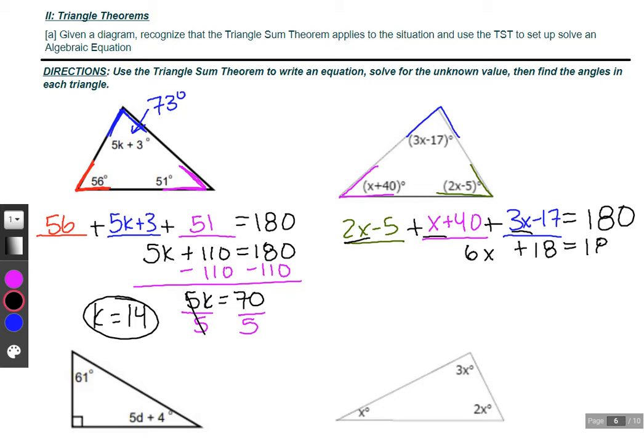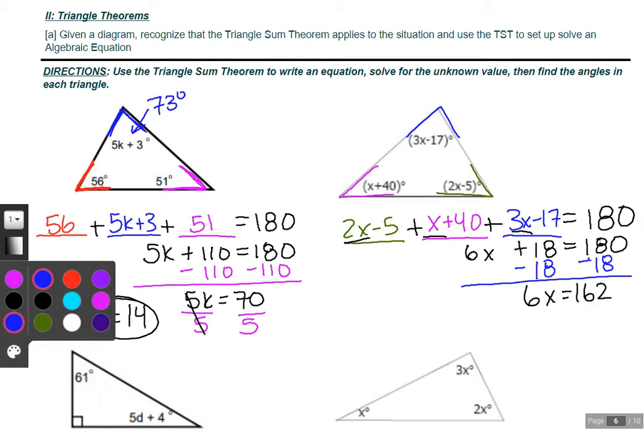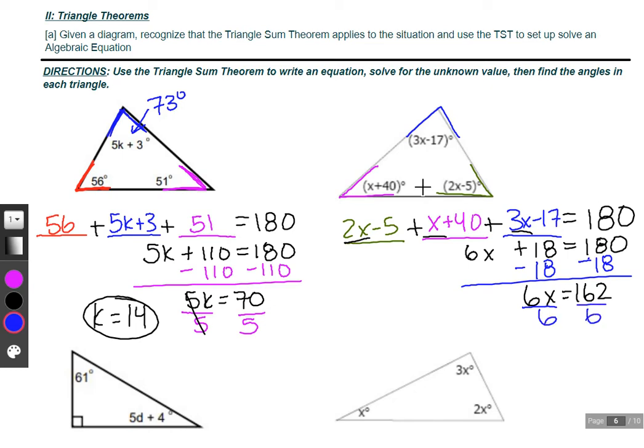Okay, so now we're in the algebra solving steps. So you're trying to get x by itself. Okay, so we have x to be 27. Now that number seems okay, but we should certainly check it.